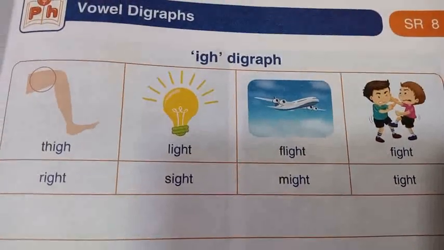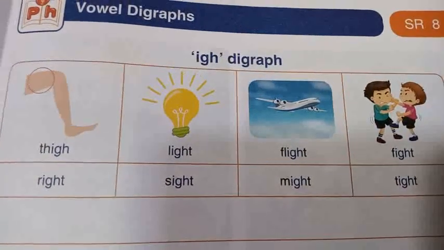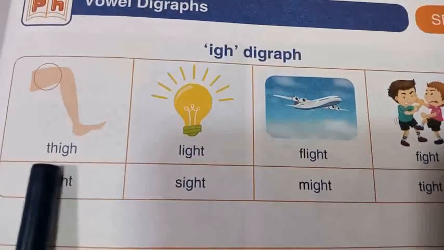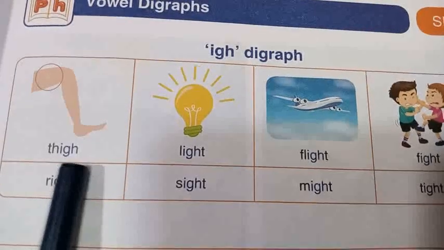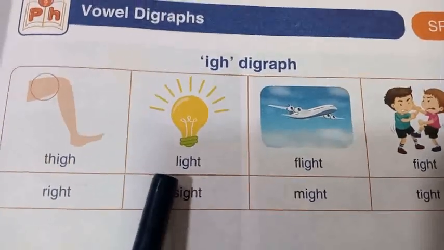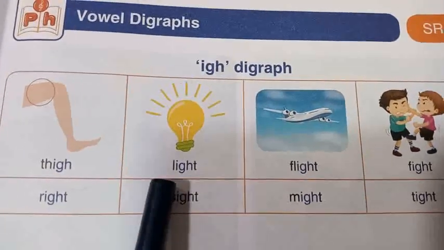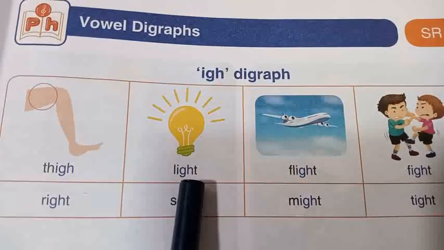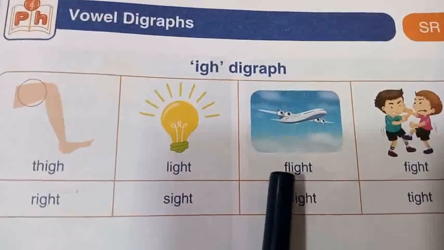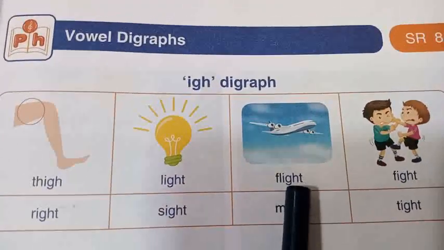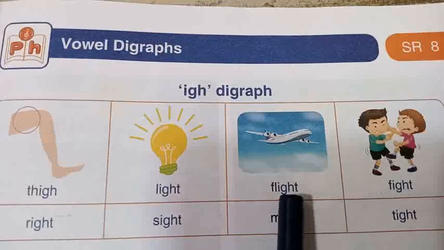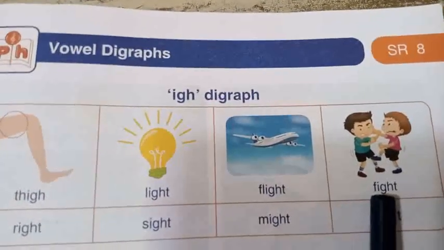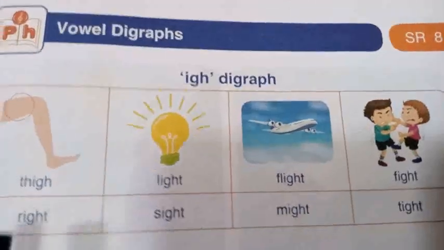Let us move to the IGH as in I digraph. Tie. Light. Flight. Next, fight.